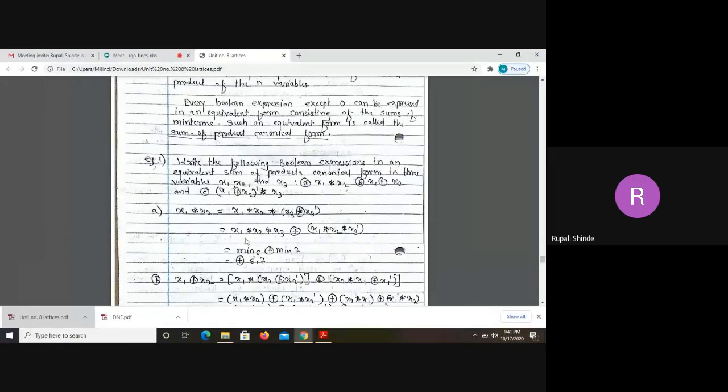If the variable is original, like x1, x2, x3, then we write 1, and if the complement of the variable is given, like x1 complement, x2 complement, x3 complement, at that time we consider its value as 0. Now consider the first term x1, x2, x3. All the variables are in their original form. That's why we can assign the values 1, 1, 1.